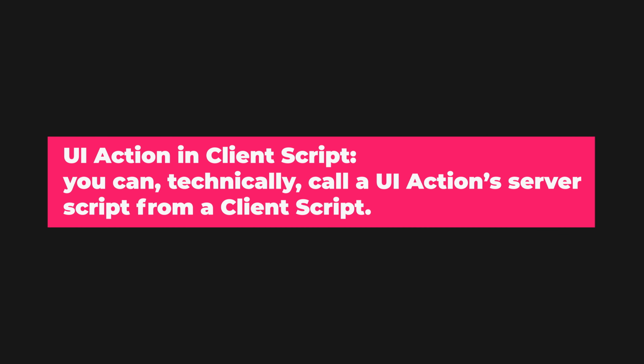UI action in client script. You can technically call a UI action server script from a client script, however, we don't see this being a very common need. That list is not all-inclusive, as there are plenty more leading practices related to UI actions out there. I encourage you to conduct further research and go on an adventure of your own to learn more.